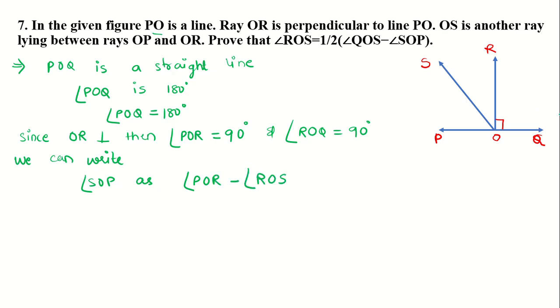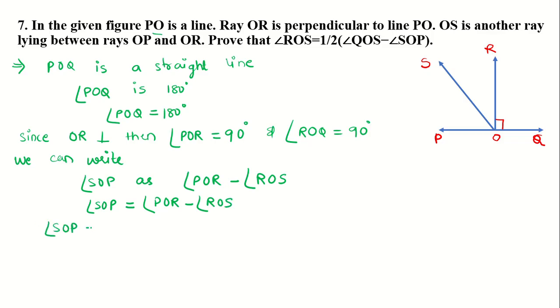Where is your angle SOP? As you can see, in this full angle, that is angle POR, if you subtract angle ROS from it, you will get angle SOP.